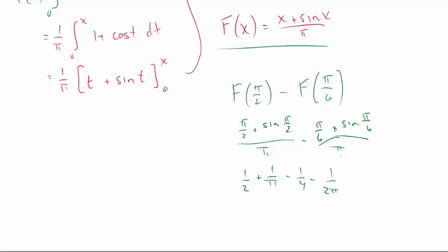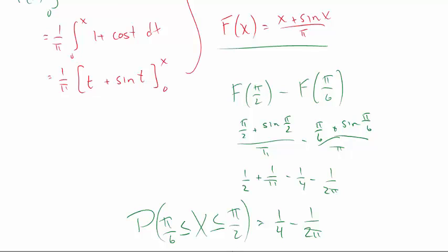And combining like terms by getting common denominators, we get exactly 1/4 minus 1 over 2 pi. And there is the probability that x is between pi over 6 and pi over 2.